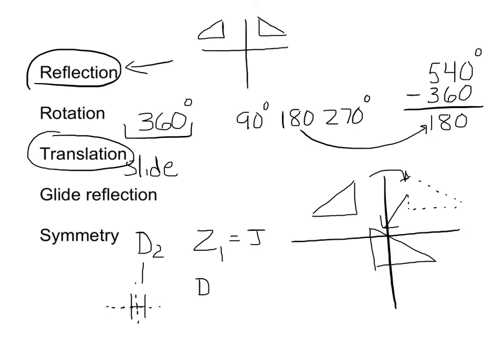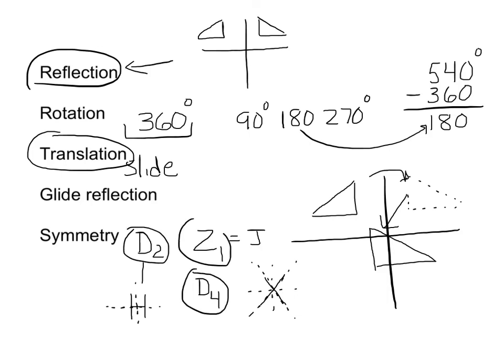If you talk about D sub 4, it's going to be any letter or figure that if you take it and you draw it out, for example, the letter X, there is 1, 2, 3, 4 lines of symmetry. We're going to focus mainly on D2, D4, Z1, Z2, and Z4. But this number down here, the 1, the 2, the 4, that could be any number based on the number of reflections or the number of rotations.